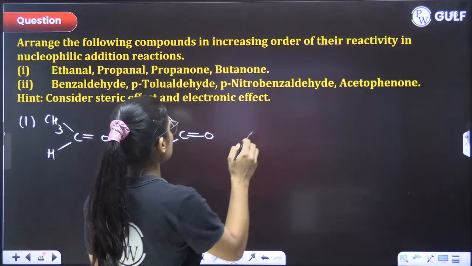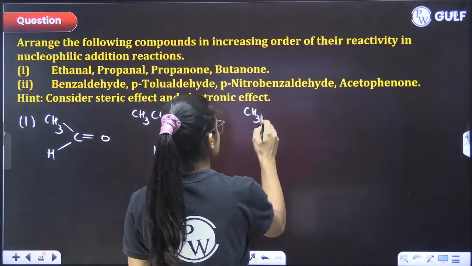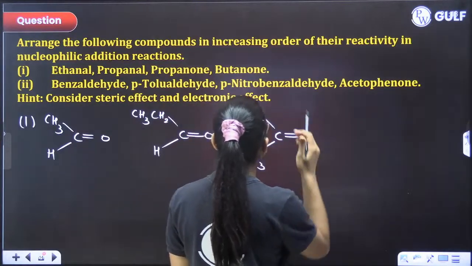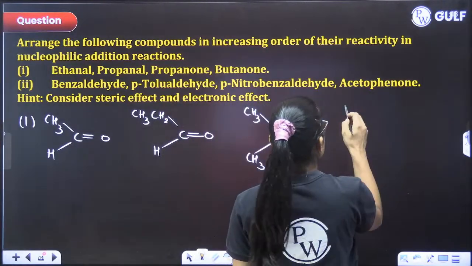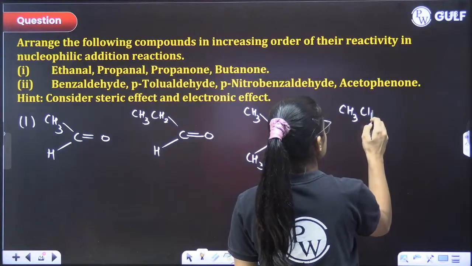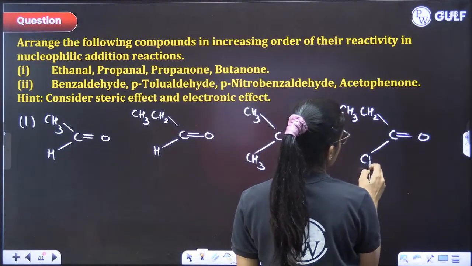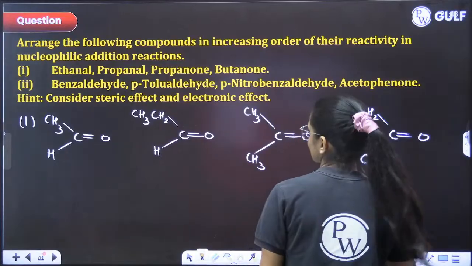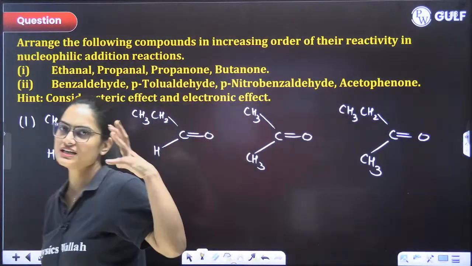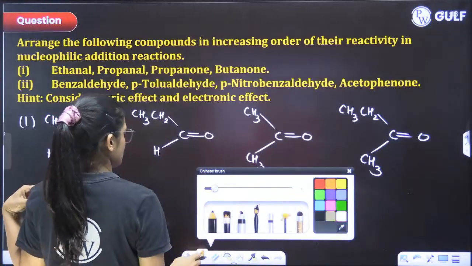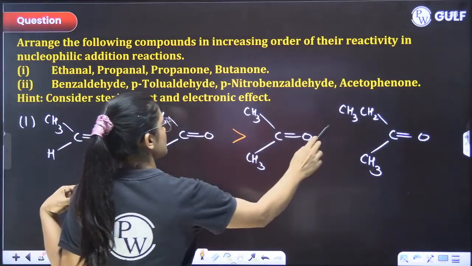You have propanone, which is CH3 C double bond O CH3. And you have butanone, which is CH3CH2 C double bond O CH3. Most reactive is ethanal, and this is least reactive.